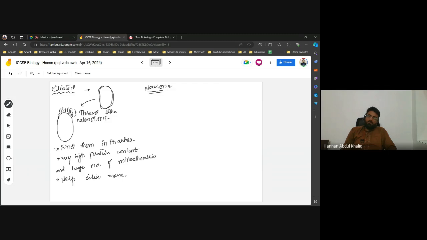Now, a nerve or neuron cell is basically an elongated, thin, wire-like cell. It has extended cell membranes. Extended cell membranes like this.